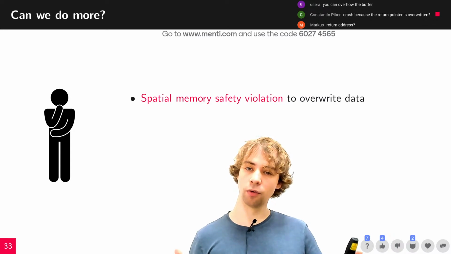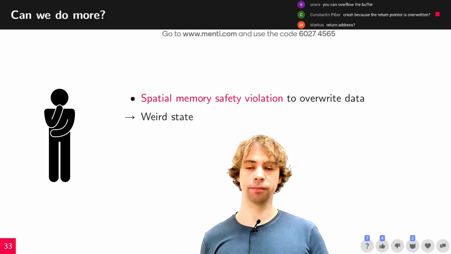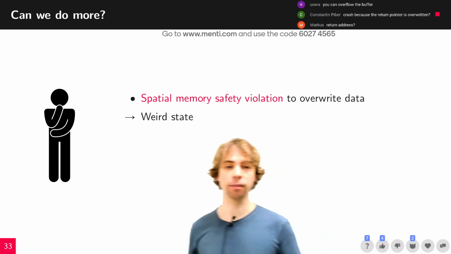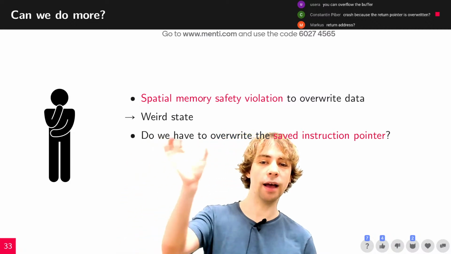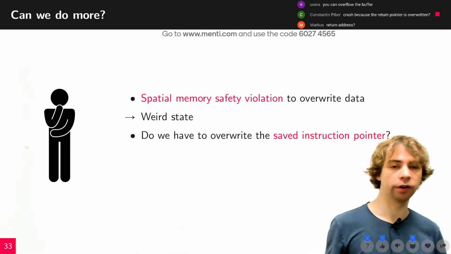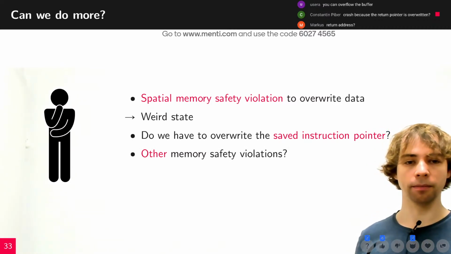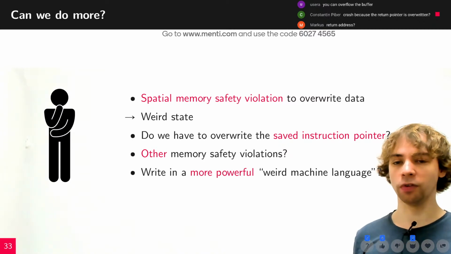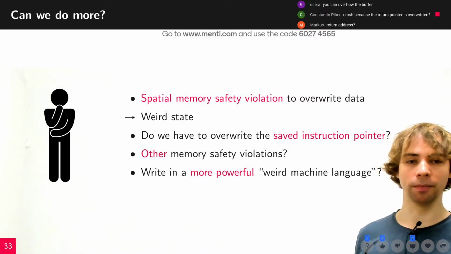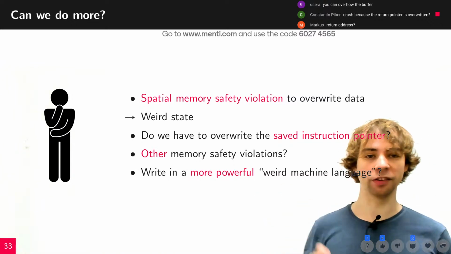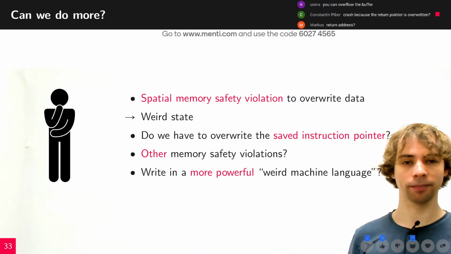Because we wrote beyond the end of the buffer and we entered a weird state with that. But do we have to overwrite the saved instruction pointer? Maybe there are also other memory safety violations. So maybe we can do something more powerful, maybe a weird machine language that we can develop here.